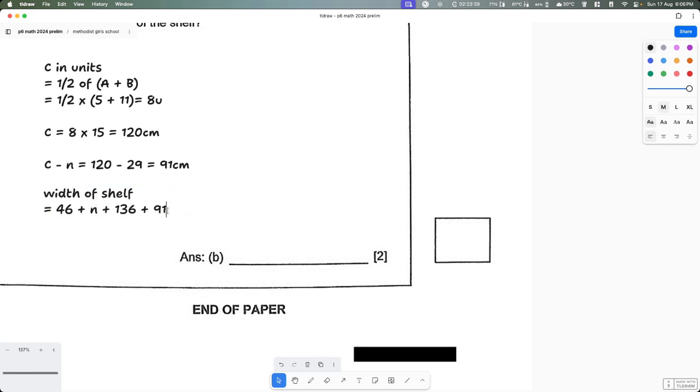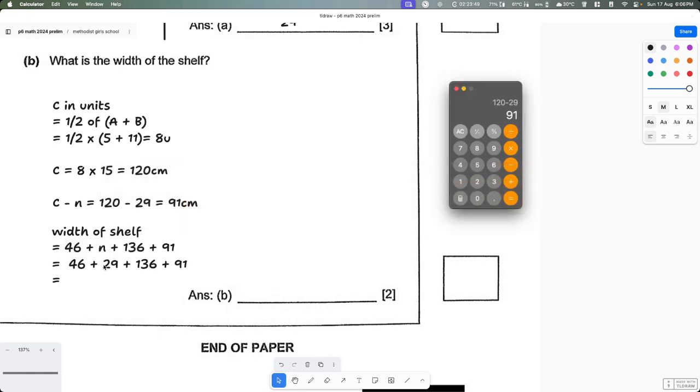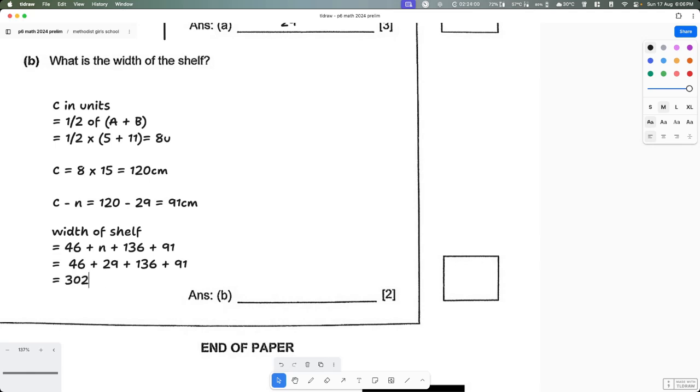N is 29. So let's change all of this to 29. So 91 plus 46 plus 29 plus 136. This will give us 302 centimeters. Okay, there you go. So that's the answer.